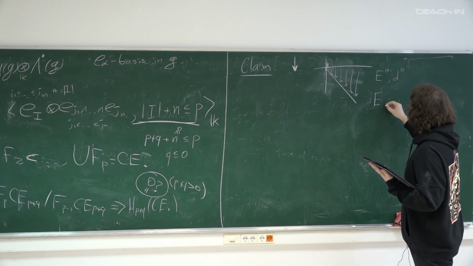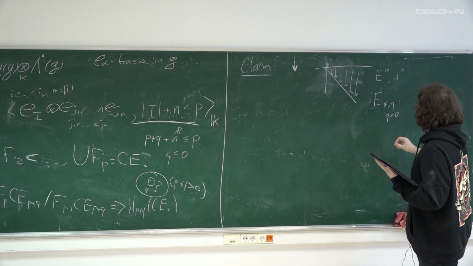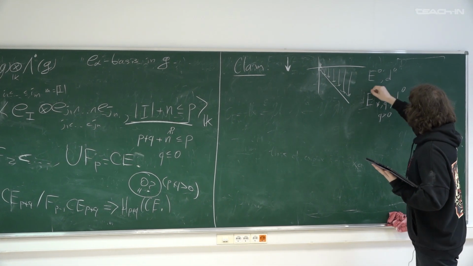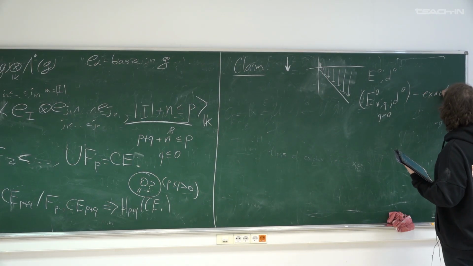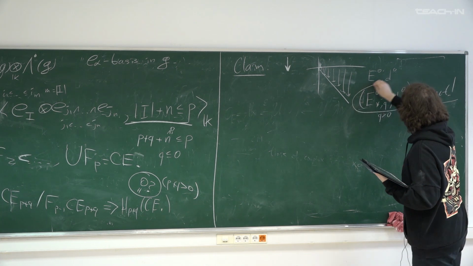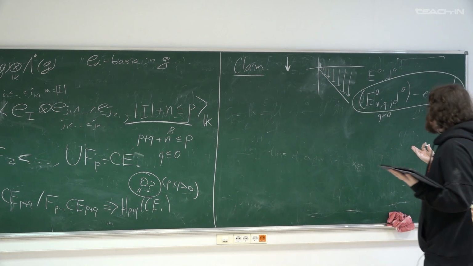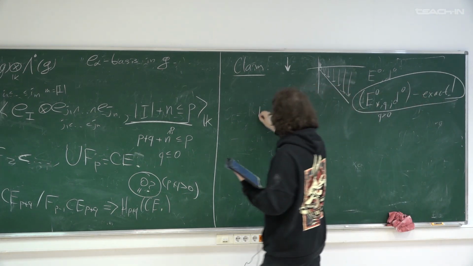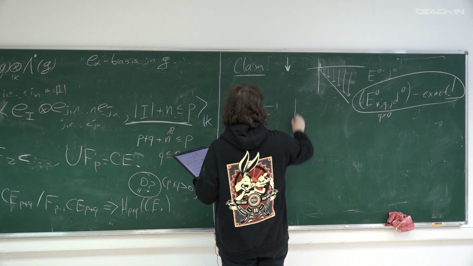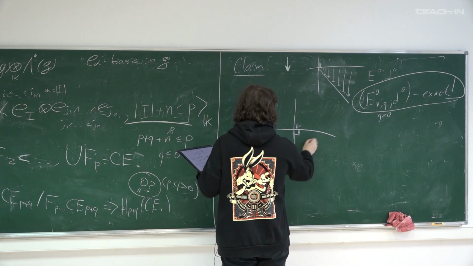What is our claim? If q is more than 0, then this column for any q is exact. If we check this, we obtain that all columns are exact. So the first page, the next page, is just the 0 page, except for this k in degree 0, and then I have zeros.